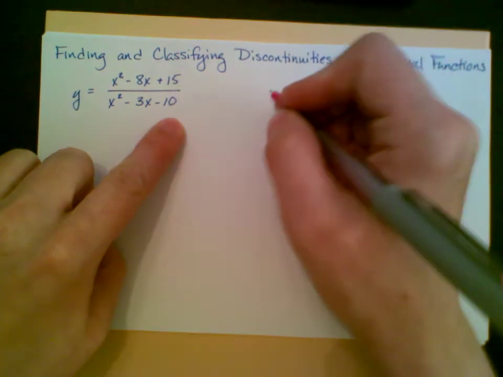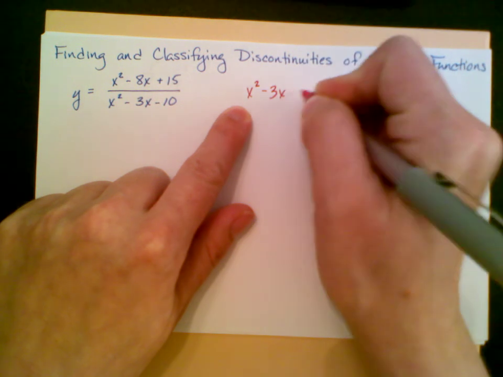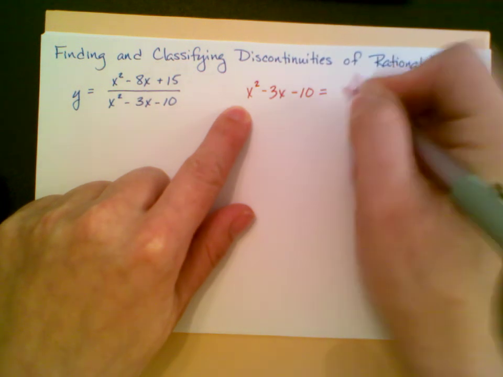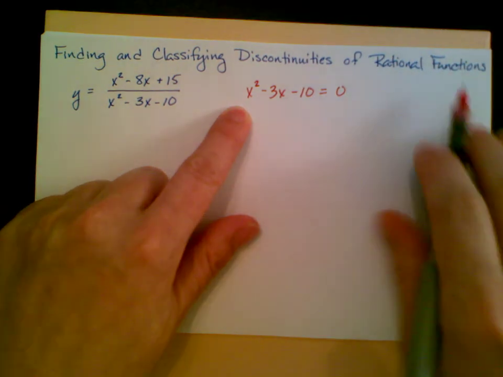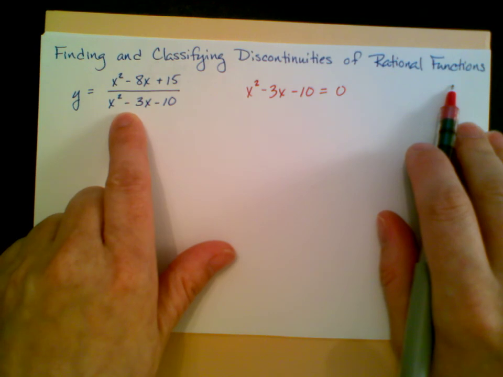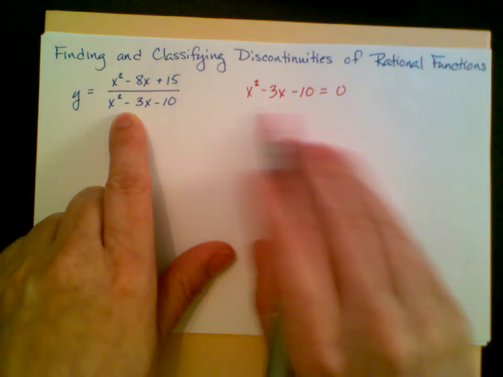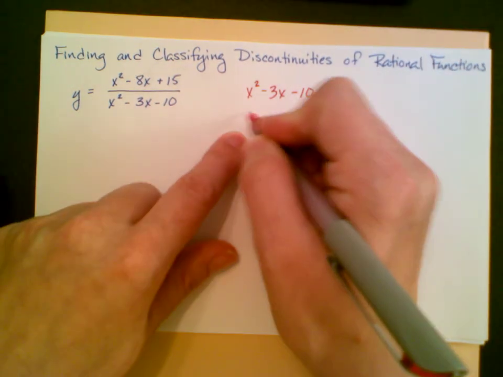You always find discontinuities of rational functions by setting the denominator equal to 0. Discontinuities of rational functions come whenever the function is undefined, which is at the same time when the denominator is 0. So I can factor this.